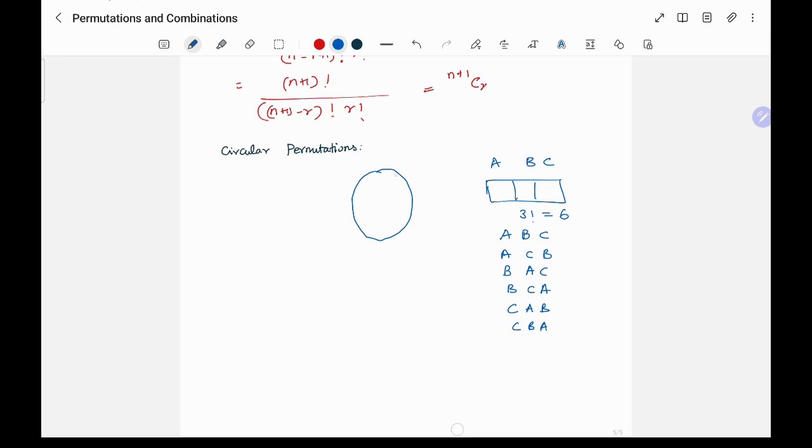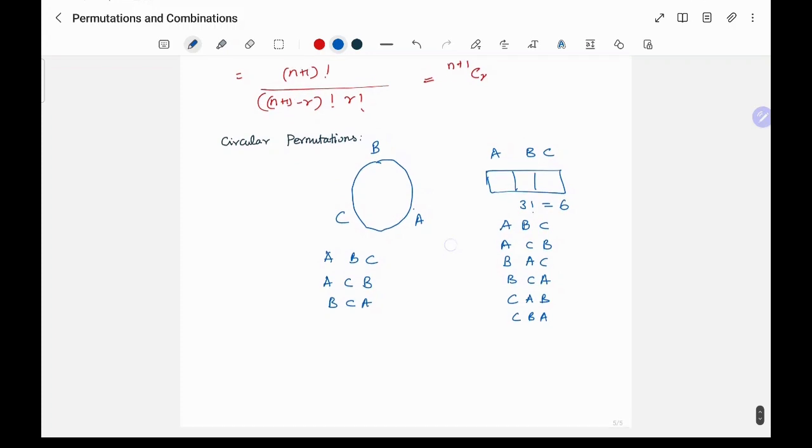But in the circular arrangement, if I have A, B, C, this is one possibility. And if I just try to invert them, C and B, this is another possibility, A, C, B. And if I switch this, B and A, so B, C, A. Do you notice something weird here?